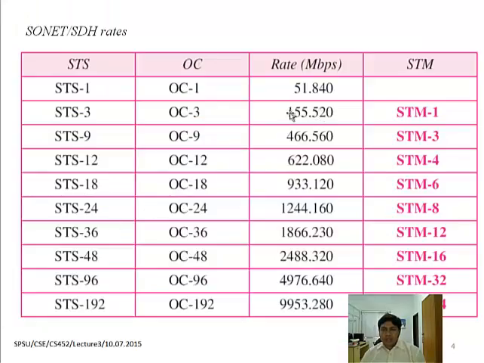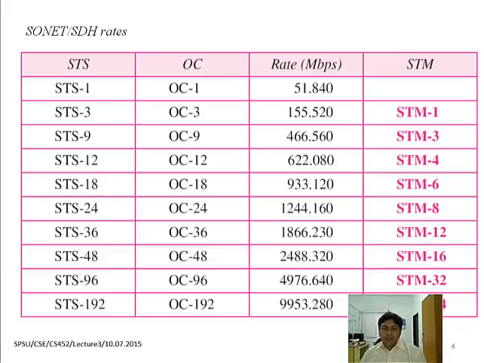So three STS1 multiplexed together give you the signal of STS3. That is how this hierarchy and the signal rates work. Now for example, if you have 4 STS3, you will get STS12, like that.